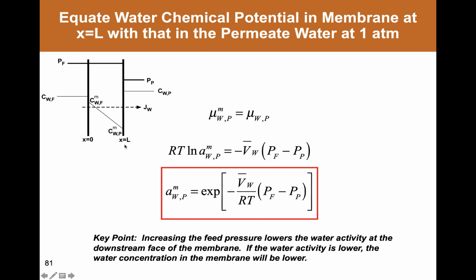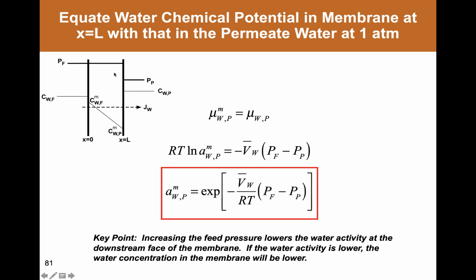And so what's happening here is as the feed pressure raises, the pressure experienced by water that's dissolved in the membrane at this permeate interface goes up, and its chemical potential goes up. The chemical potential of water in the contiguous phase to the sample does not change as the feed pressure changes.